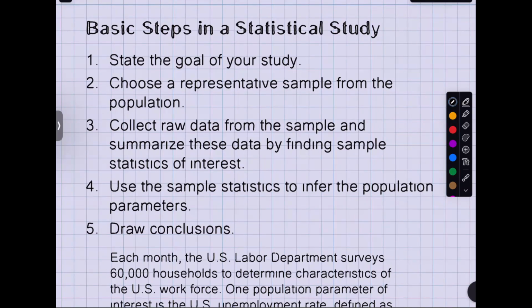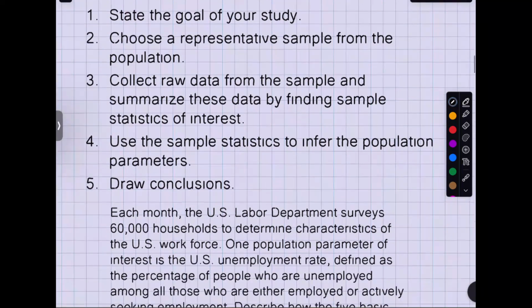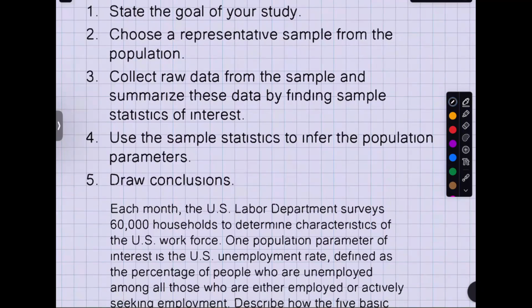Collect raw data from the sample and summarize these data by finding sample statistics of interest. The problem is that a lot of times people see these numbers and, not skew the numbers, but they correlate numbers together so that they can skew their narrative in a certain direction, right?